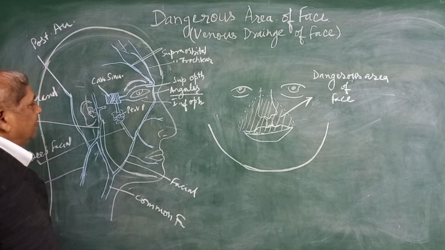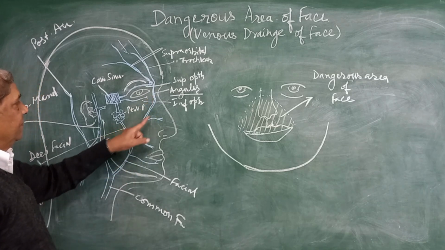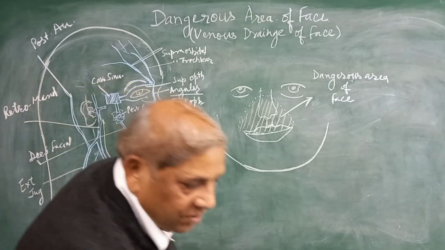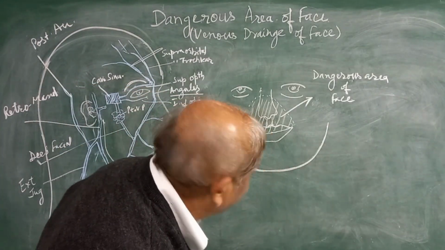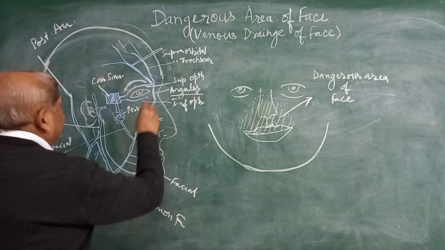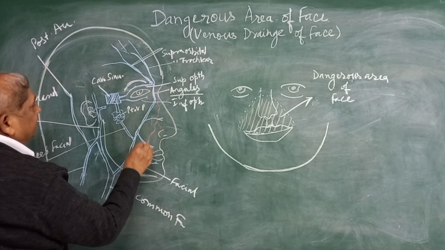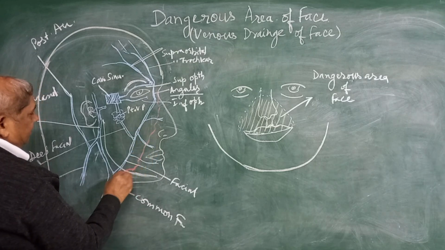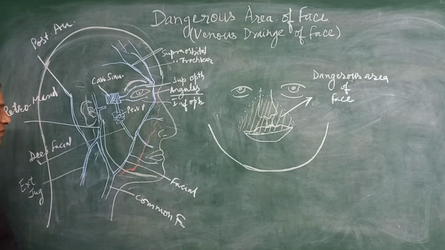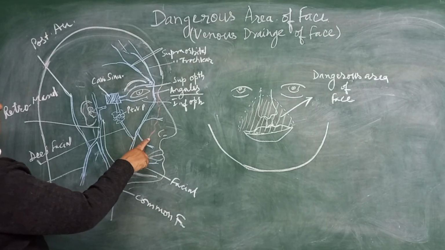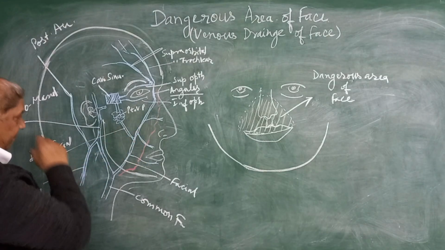This is the facial vein, and in this facial vein and facial artery you will see a gap. Let me draw the facial artery from the angular artery. This will be the facial vein, and these two will come close to each other when they pass into the neck. So this is the facial artery and facial vein.